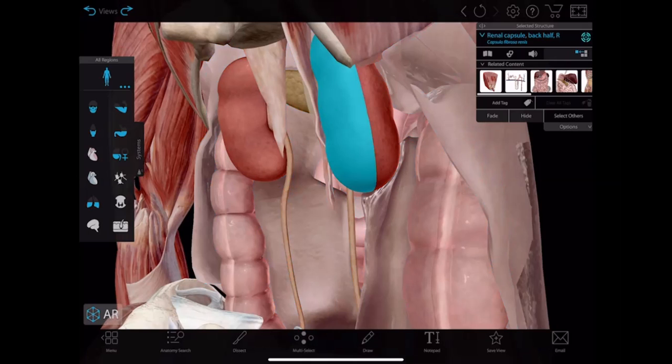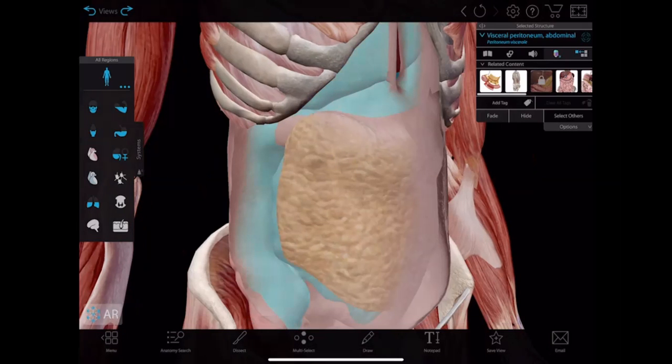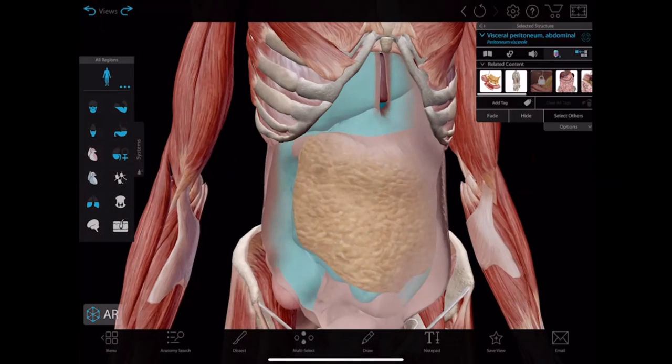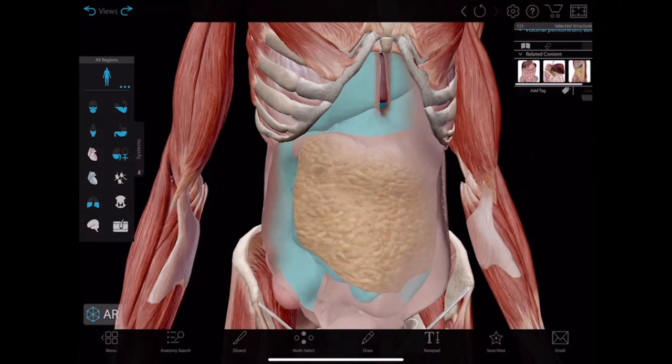So except for those retroperitoneal organs, all the abdominal cavity contents of the abdomen are covered by peritoneum. So this is parietal peritoneum, right? I removed the parietal peritoneum.